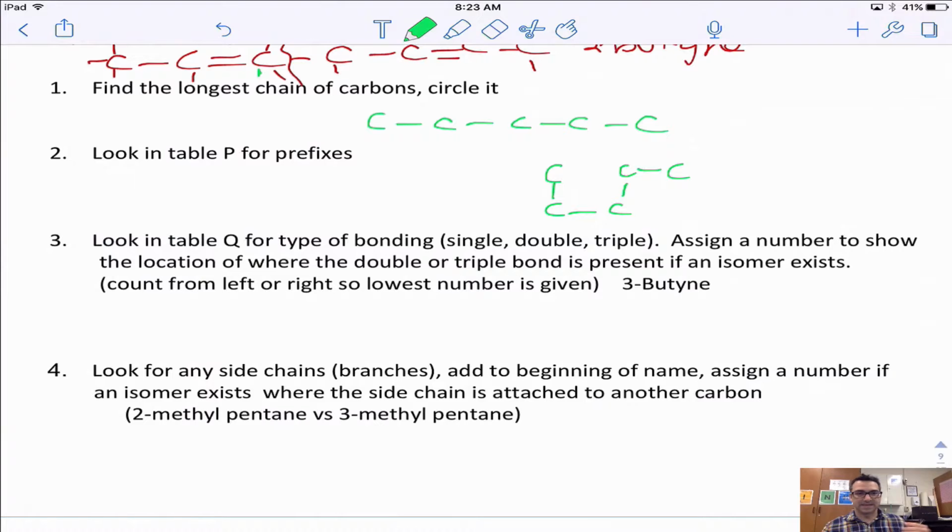The thing is that both of these are identical. I have 5 carbons in a row, or I have 5 carbons in a row. The difference is that I showed it as a straight chain as opposed to a chain that is kind of bent a little bit.